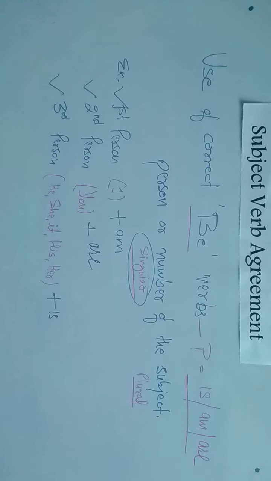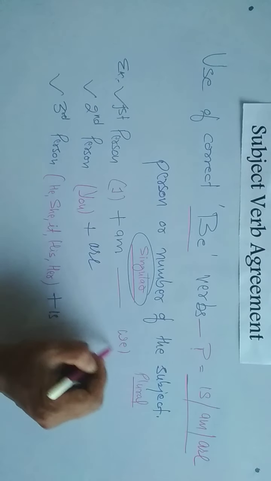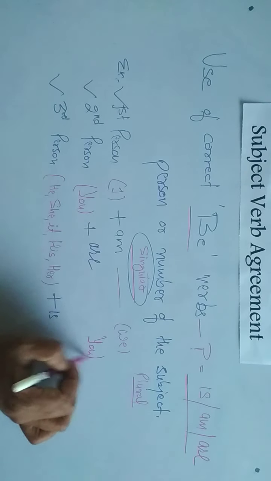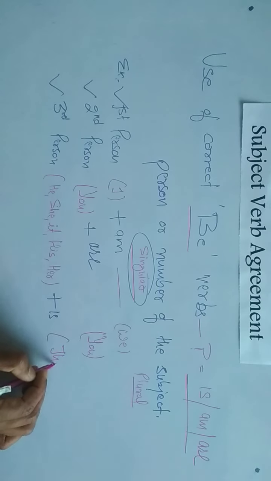So for example, if we do have plural subjects, which are the plural subjects here? First person plural subject we can have like we, and second person plural subject again it's the same, you, and third person plural subject it can be for example they.